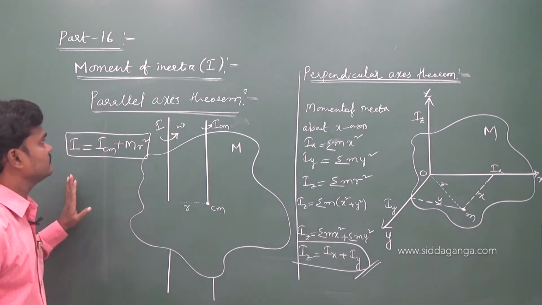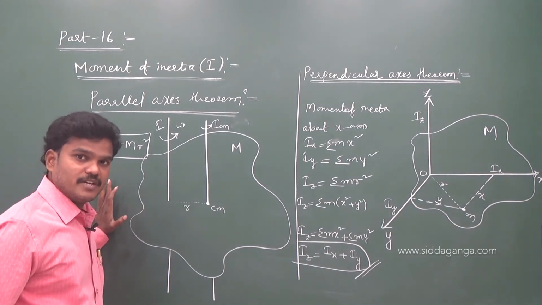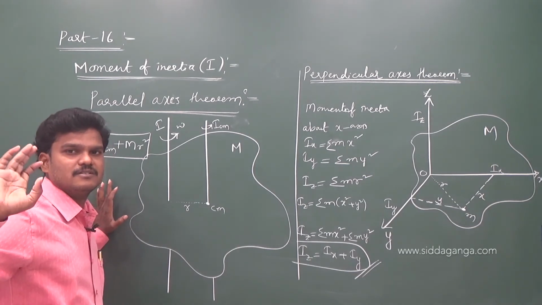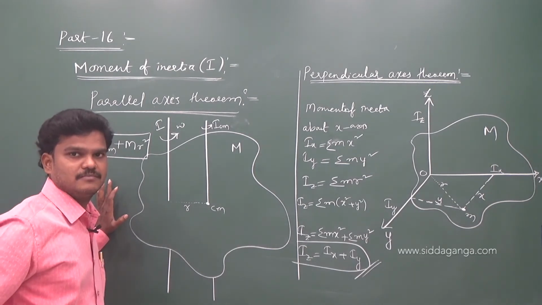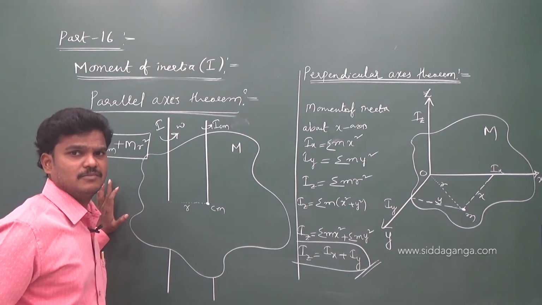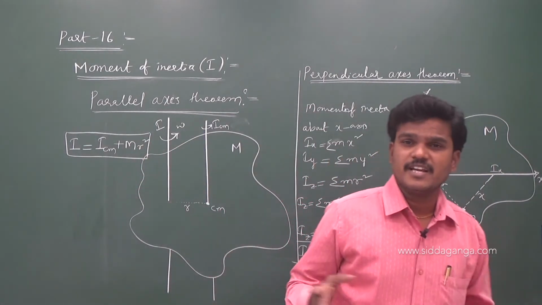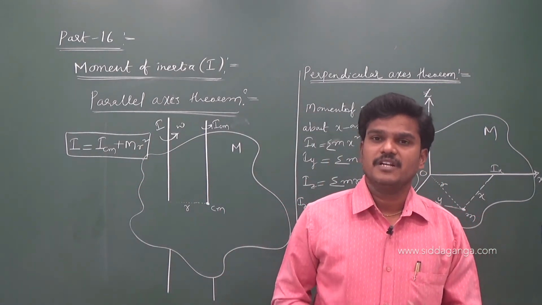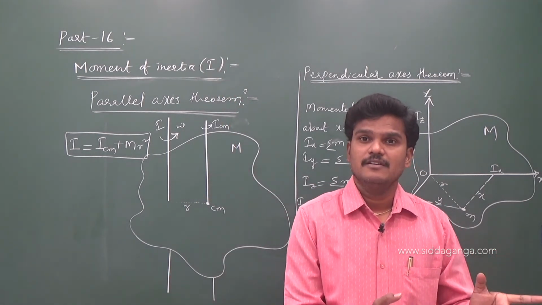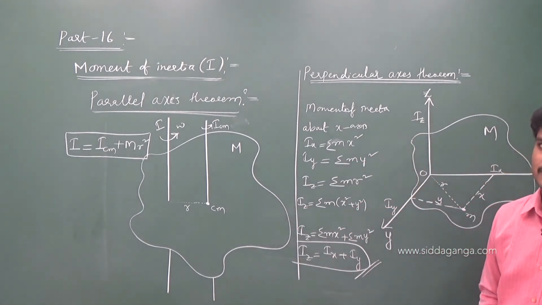And later I covered k, the radius of gyration, nothing but the root mean square distance of all the particles from the axis of rotation. All are perpendicular distances from the axis of rotation. It is the perpendicular distance from the axis of rotation at which the entire mass of the rigid body is considered to be concentrated.